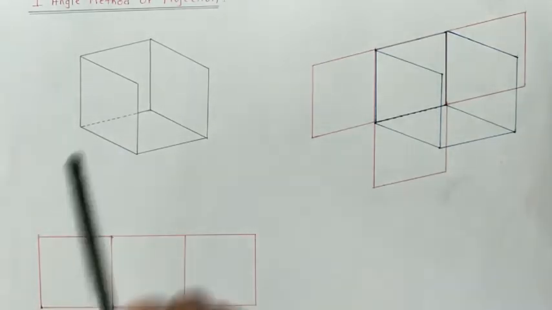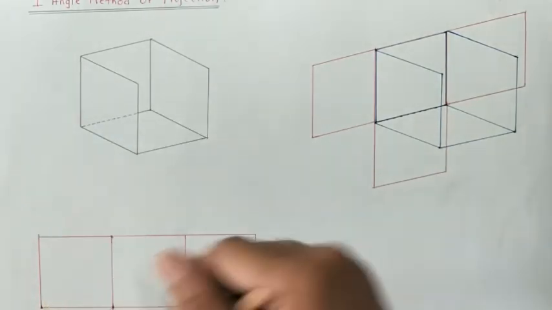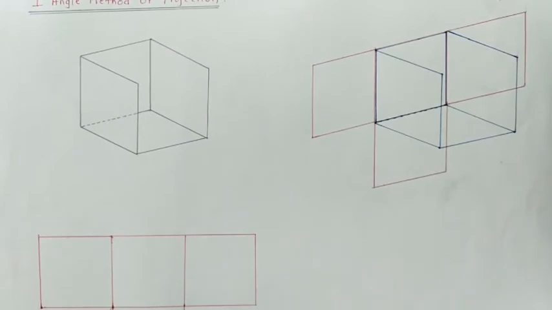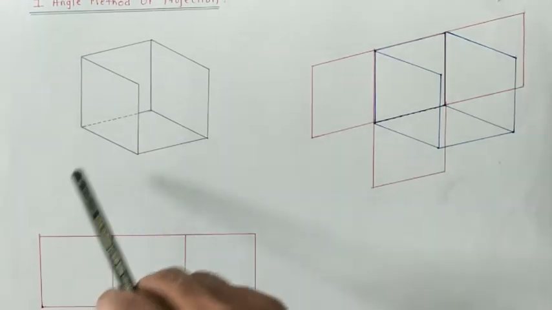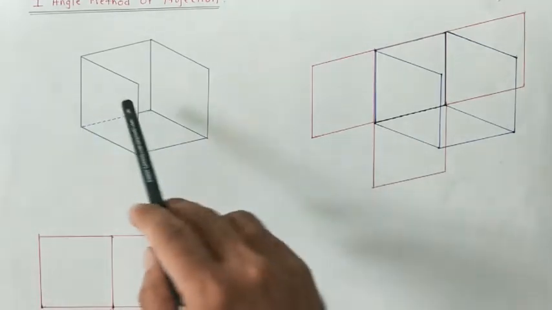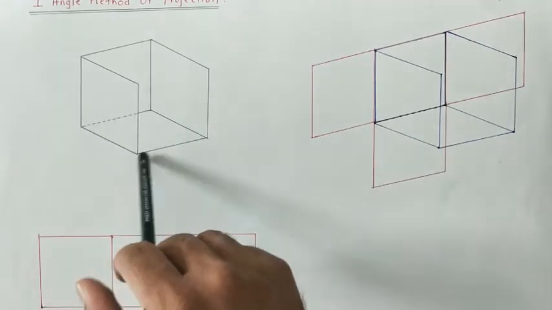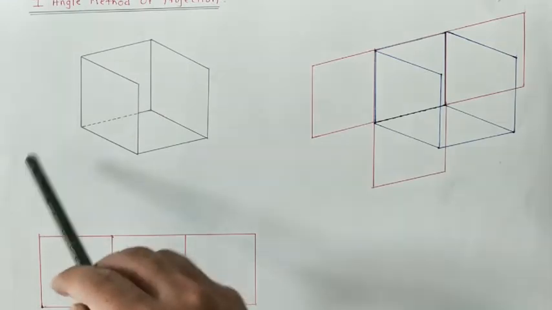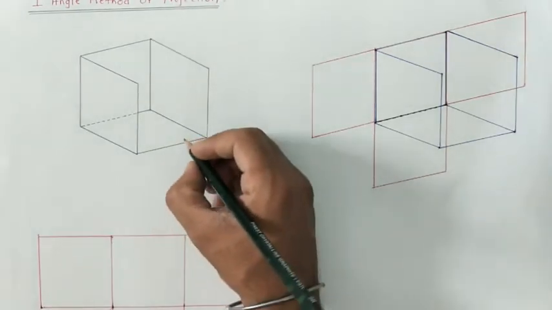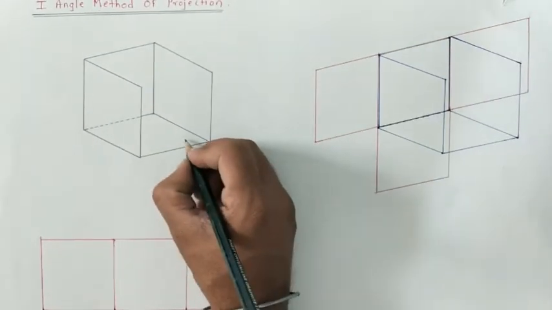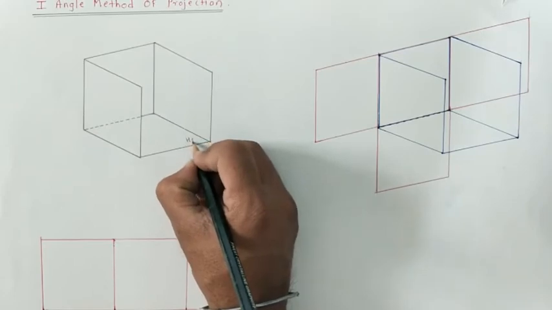First angle method of projection means we imagine that the object whose different views we have to prepare is placed in the first quadrant, which I told you in the last lecture. The first quadrant consists of different planes. This is horizontal, so we call it the horizontal plane.